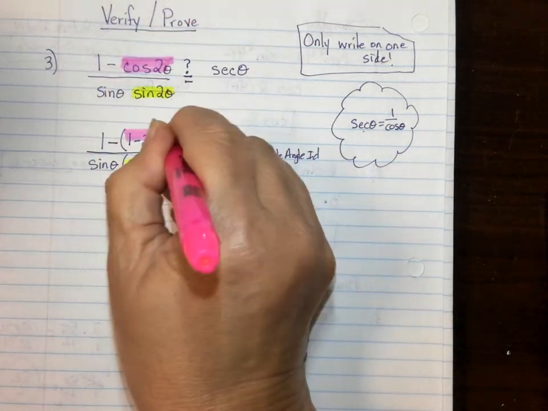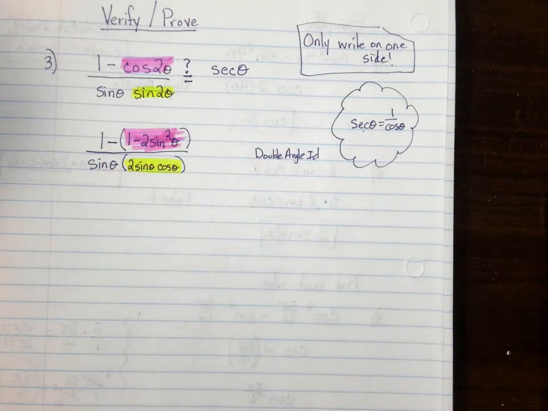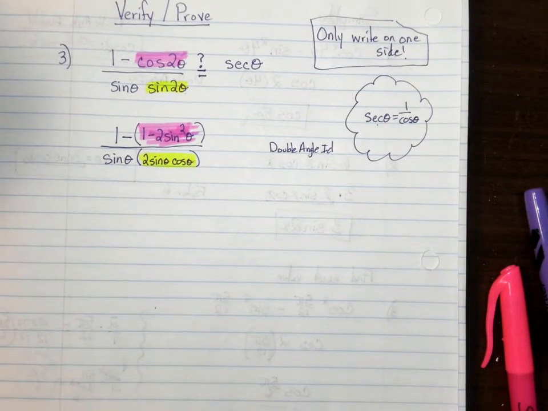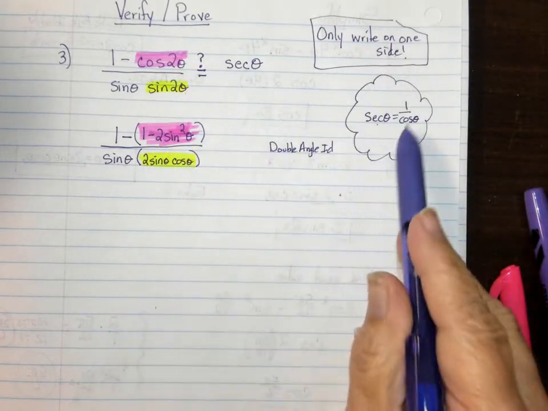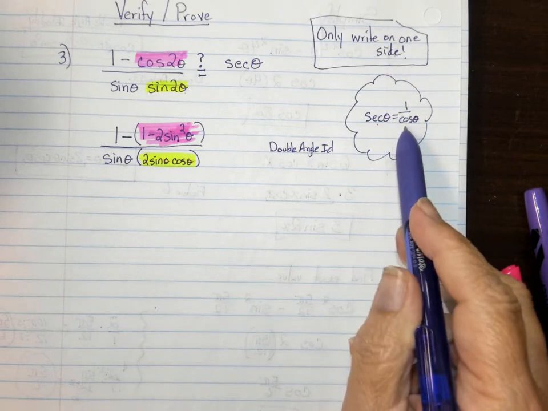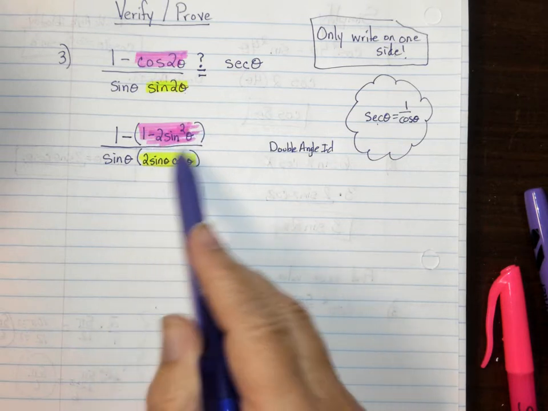I substituted 1 minus 2 sine squared theta for cosine 2 theta. That was also a double angle identity. Again, I had 3 substitutions to choose from. I chose this one because I'm thinking ahead. I want to get to 1 over cosine. So if I want to get to a 1 in the numerator, and I've got some signs on the bottom to get rid of, that's why I chose that one.